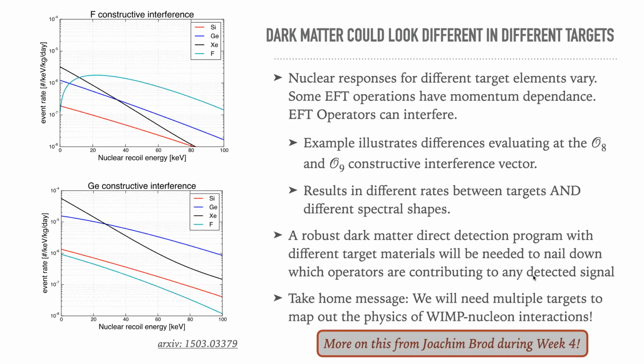We need different targets to sort out which operators are the most important. The spin independent and spin dependent cases are the simplest cases that we think about, and that's why we started with them. But it's not necessarily going to be the answer.